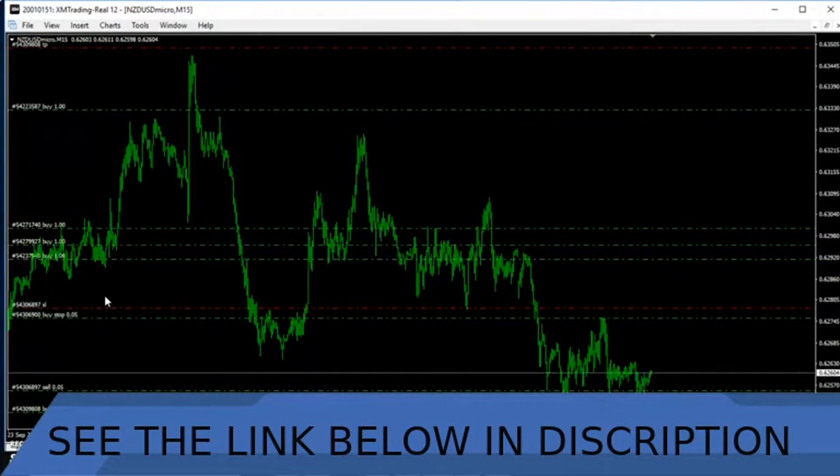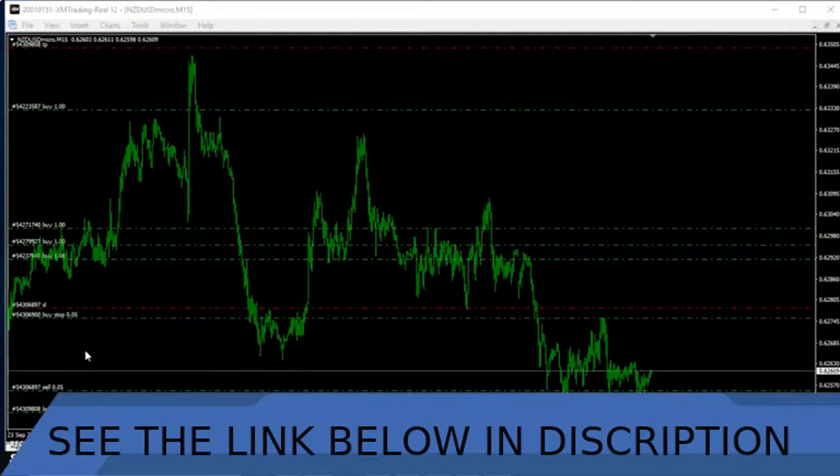If you don't know this and your eyes cannot spot it, forget about big lots. You are not going to be taking big lots, risking your account, when you don't even know what the market is doing. When you know what the market is doing, okay, wait please, wait.